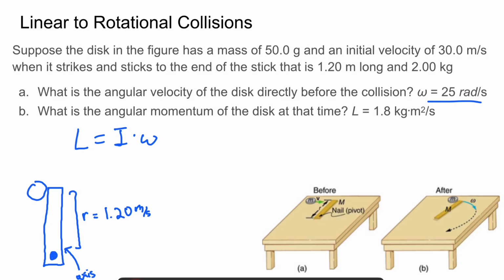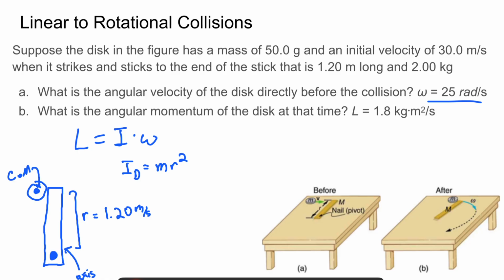However, for the puck, all of its mass is away from the axis of rotation. So we can treat it just like a point, which means its moment of inertia is just its mass times its radius away from that axis of rotation squared.